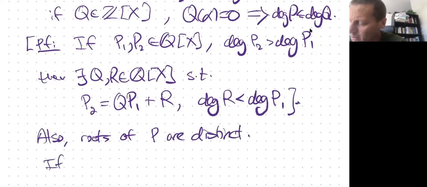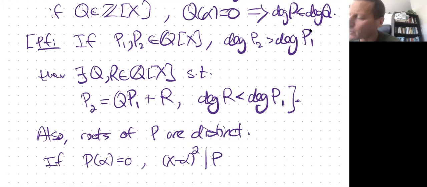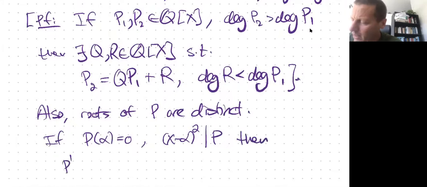And the reason is that if p of alpha is 0 and x minus alpha squared divides p, so in other words, if alpha were a root with higher multiplicity than 1, then p prime of alpha would also be 0. And this would be another polynomial with integer coefficients and smaller degree for which alpha is a root. So that contradicts the previous fact.